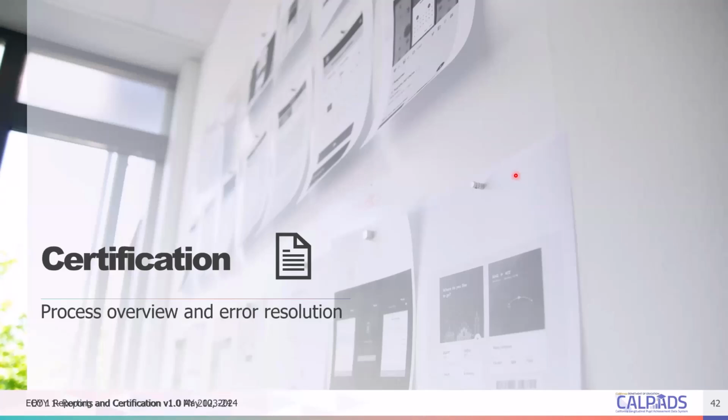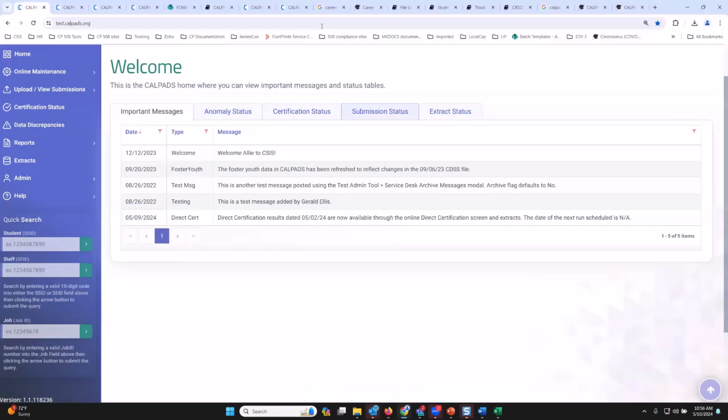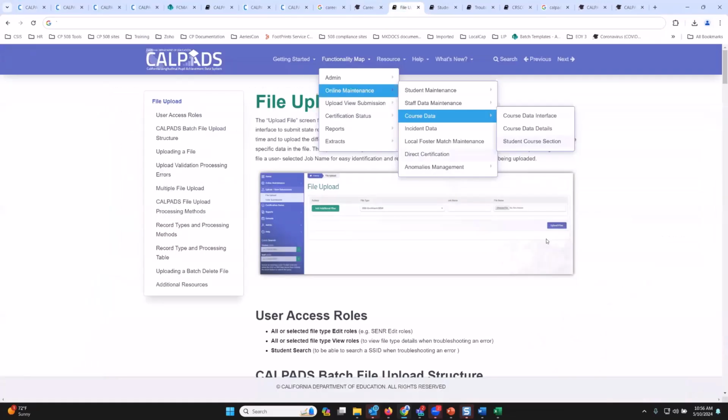However, I just wanted to emphasize through the workflow the essential cycle of data submission in CalPads. So initially, you submit the files, and of course, you have to be aware that some file types are replacement type processing. In the CalPads user manual, there is the section under file uploads.